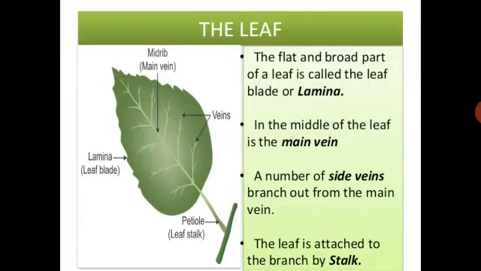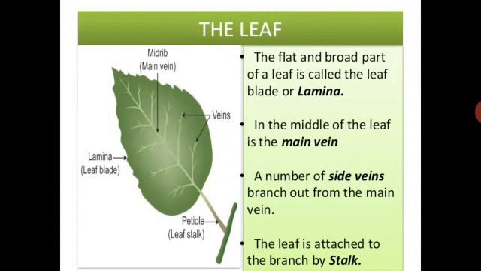Most living plants have green leaves. The flat and broad part of a leaf is called the leaf blade or lamina. Observe the picture, where is the lamina? It is also called the leaf blade.